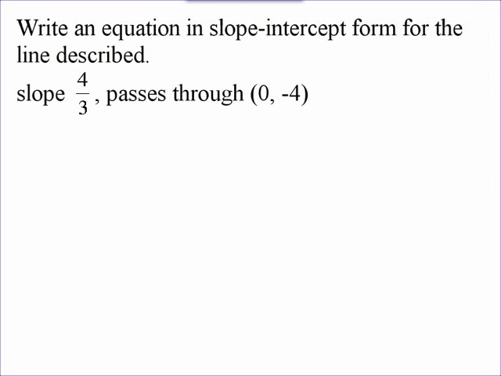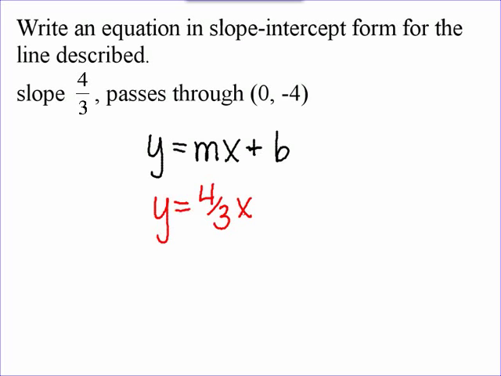Let's look at another one. Write an equation in slope-intercept form for the line described. Okay. So first of all, slope-intercept form, once again, y equals mx plus b. What do I know from the get-go? I know the slope. And what's the slope? 4/3. So here we go. I've got 4/3 x. Now I need to know the y-intercept. Ideas? Look at how this is written.